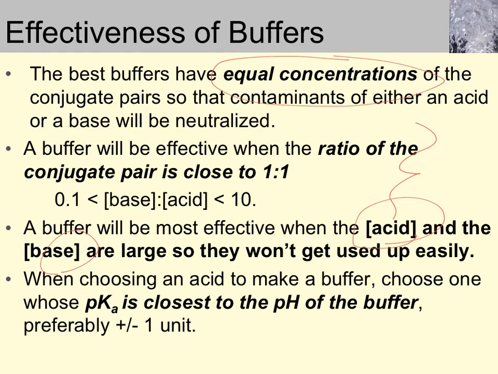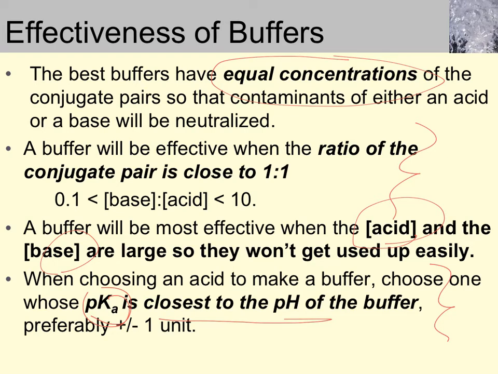And probably most important and possibly trickiest to understand, when you're choosing a weak acid or a weak base to make a buffer system, you want to choose an acid whose pKa is closest to the pH that you want the buffer to stay at. Okay, so make a note of that. Make sure that you highlight it to understand that.